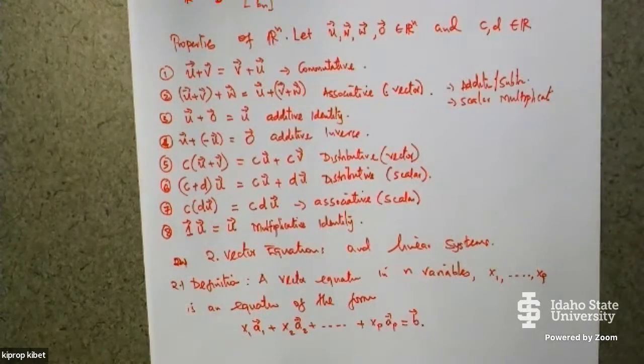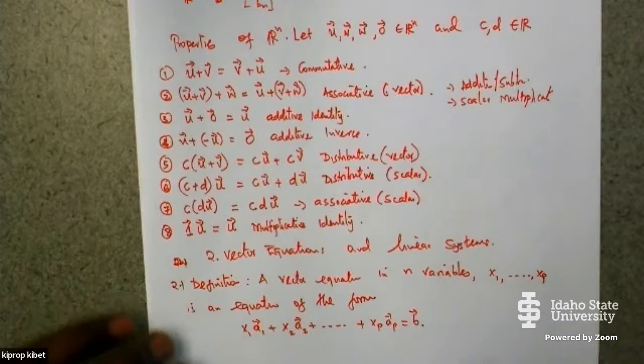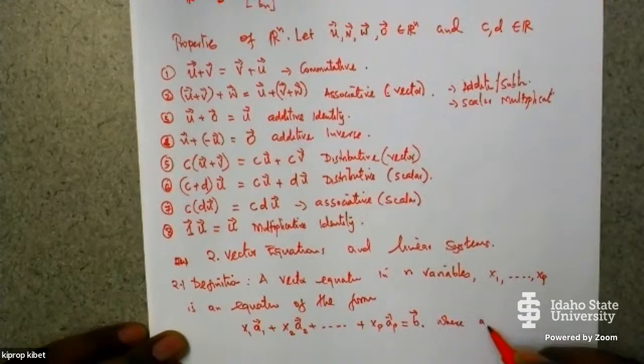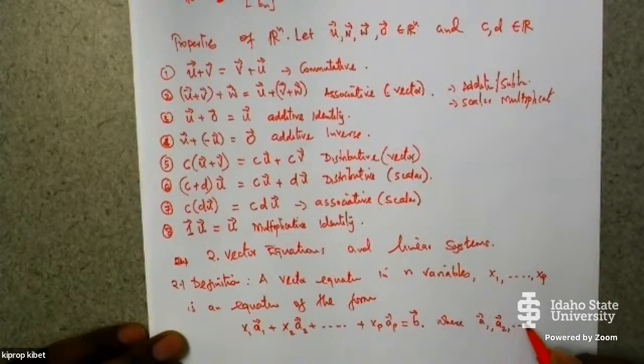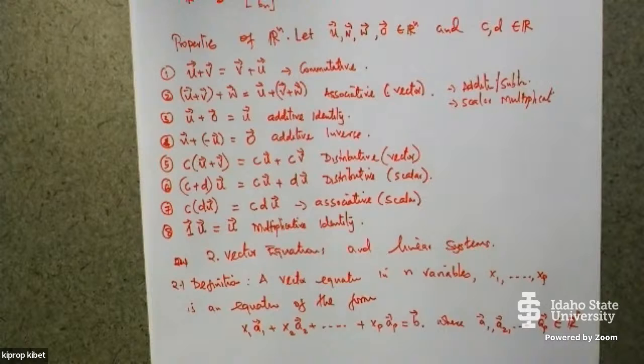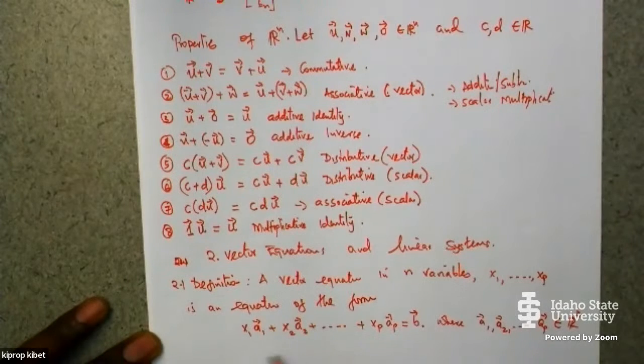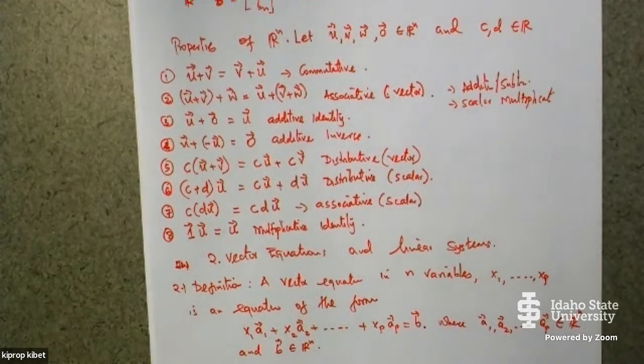Here the vectors a1, a2 up to ap are elements of Rn, and the vector b is also an element of Rn.